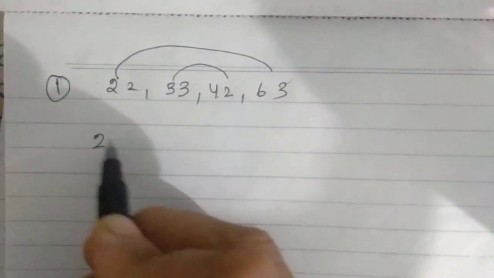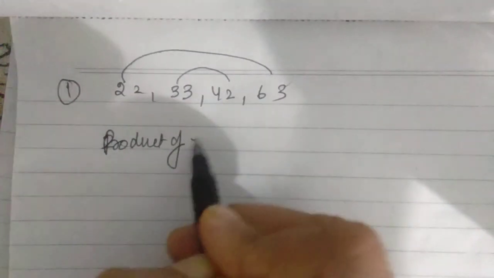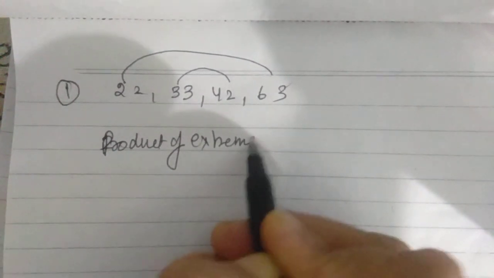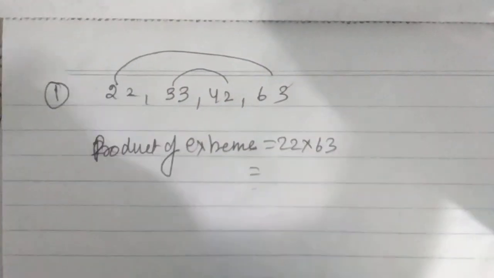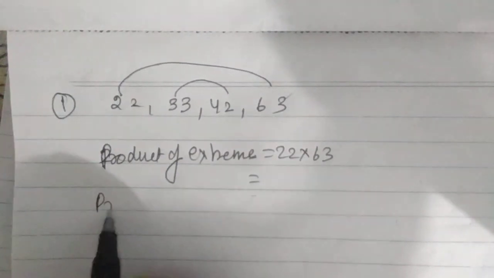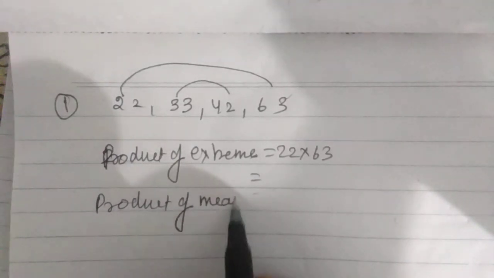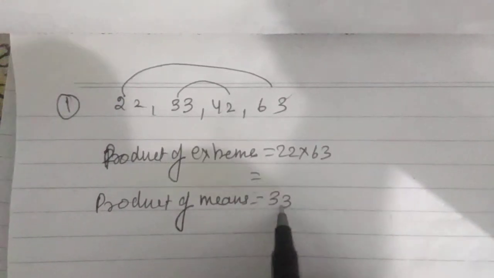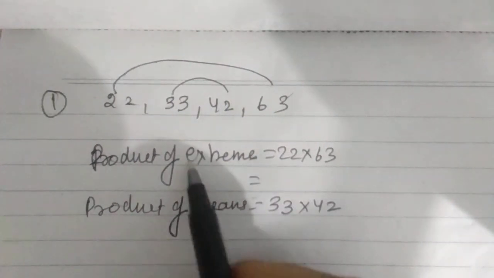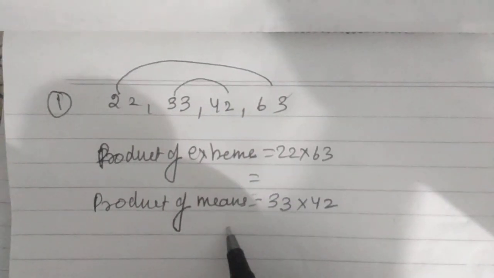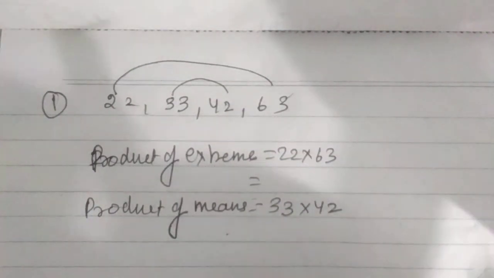The product of extremes is 22 into 63. I will write the result later on. And the product of means is the inside values, 33 and 42. If the product of extremes is equal to the product of means, this means they are in proportion.